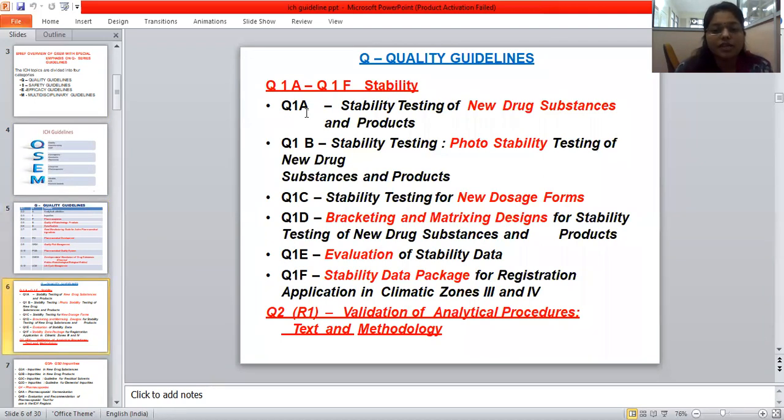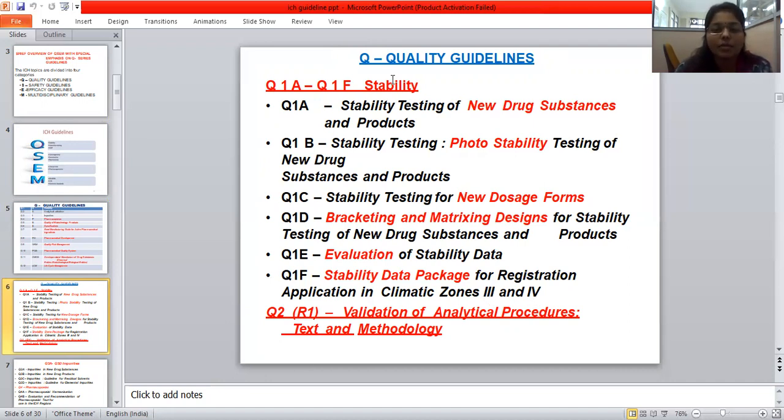Q1C is stability testing for new dosage form. Q1D is bracketing and matrixing design for stability testing of new drug substance and product. Q1E is evaluation of stability data. Q1F is stability data package for registration application in climatic zone 3 and 4.